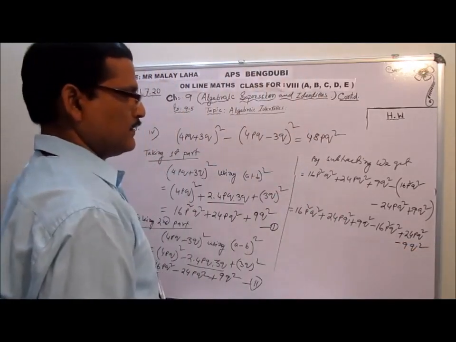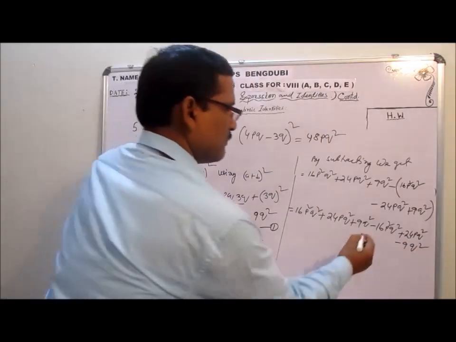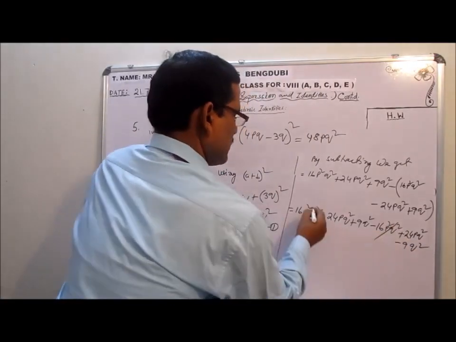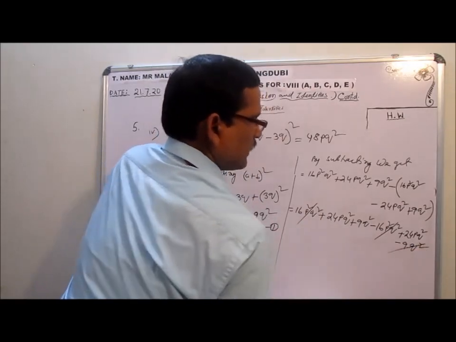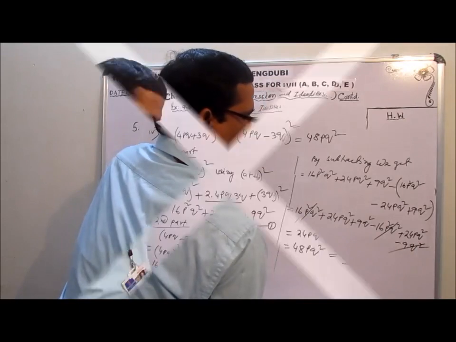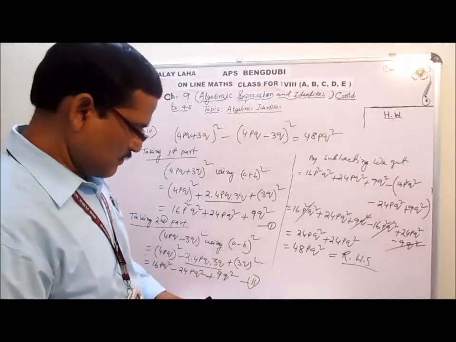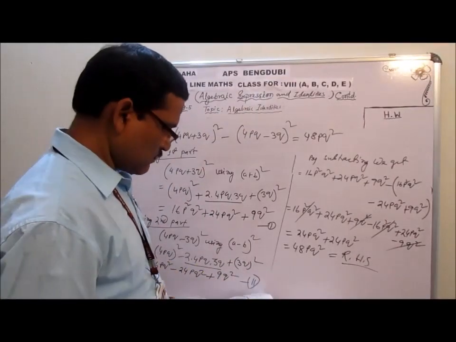Now let's see how I can cancel. Minus 16 p square q square plus 16 p square q square cancel. So the result is 48 p q square.